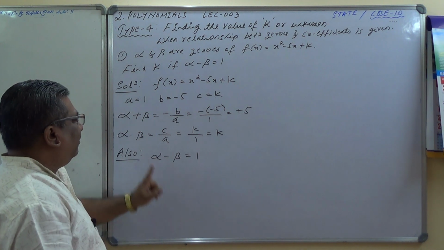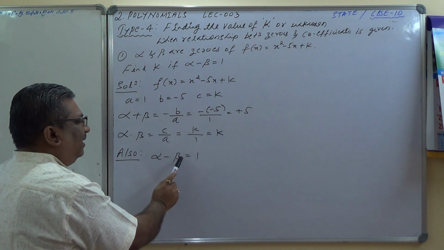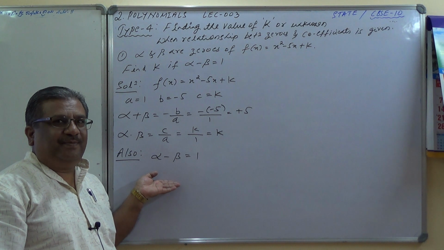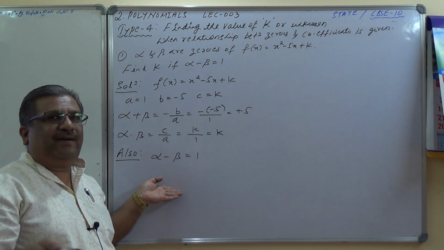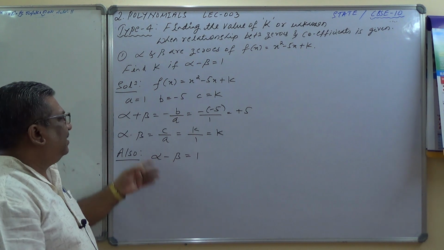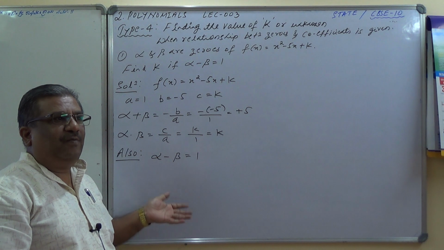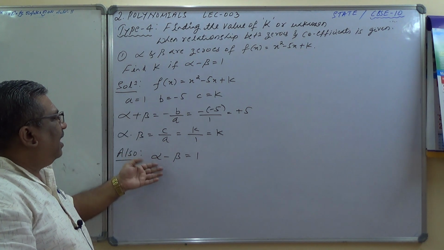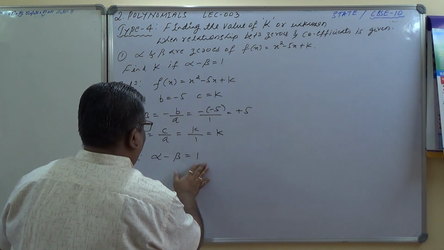But the information I have is alpha plus beta is 5 and alpha minus beta is 1. Dear students, you have already understood what is to be done. Are these not simultaneous equations? A pair of linear equations in 2 variables. Add or subtract whatever is required to solve for alpha and beta.